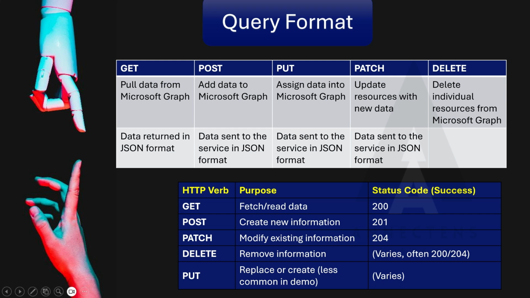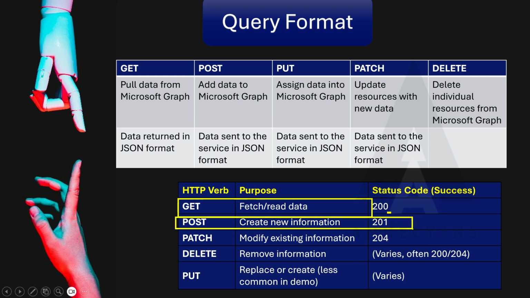Then we have post. Post is used when you're creating any new information or a new resource, and you need to give the format in the JSON body. In that JSON body, you need to mention everything, and then using that post, you can create a policy, right?